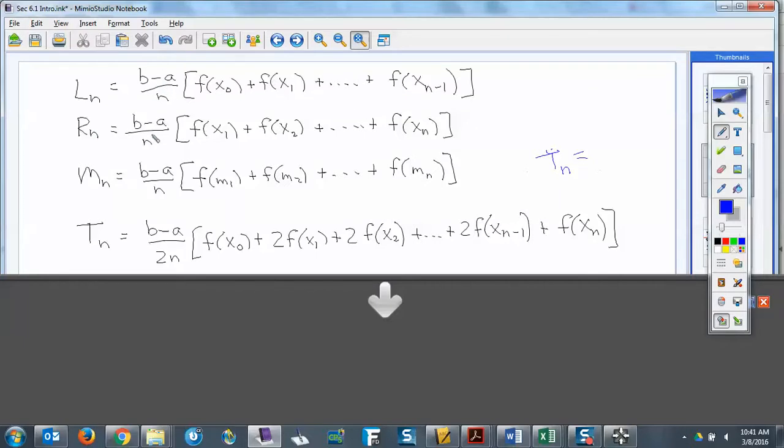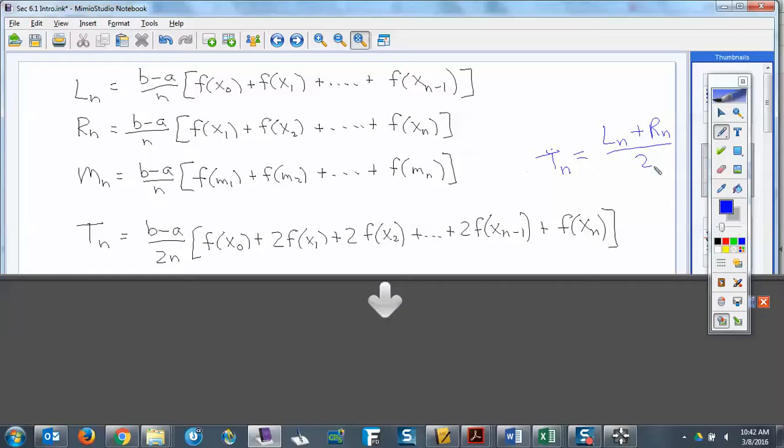They both have a b minus a over n in front, so I would have that out in front. And if I added these together, look what I'd have. I'd have 1 of these, I'd have 1 of these, and I'd have 2 of all the rest. That's almost a trapezoid, isn't it? What's the only thing missing? The 2 on the bottom. So, wouldn't it be true that a trapezoid is just a left added to a right and then divided by 2?